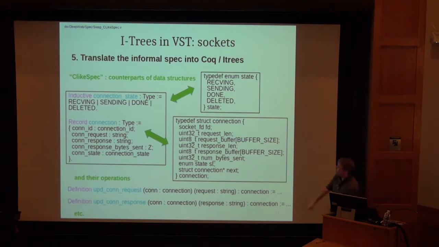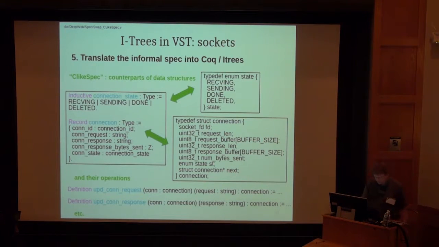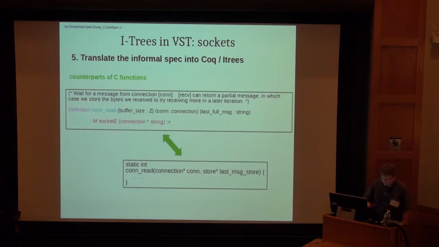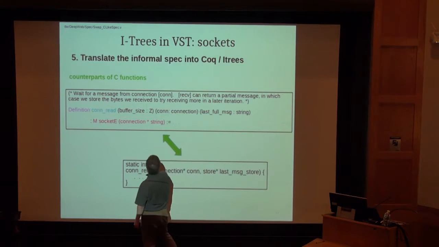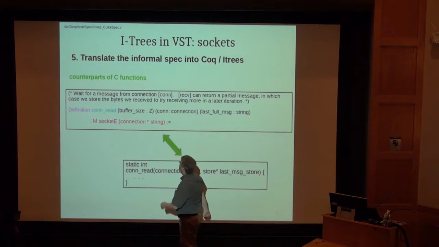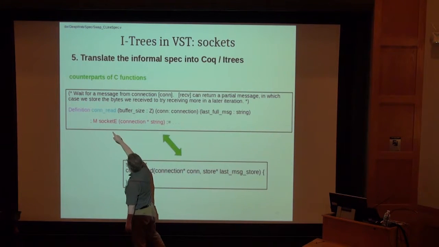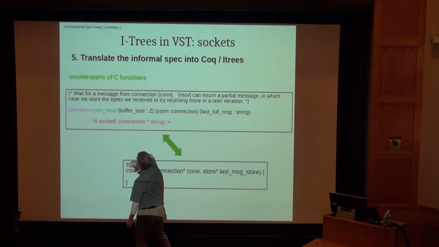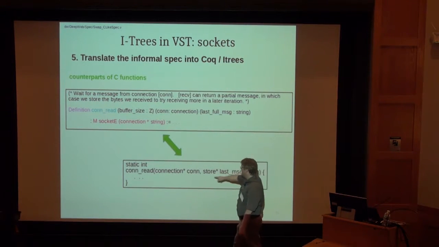And so these are just Coq definitions together with appropriate update operations, and of course the point of that is then that we can make definitions of these sort of low-level interaction trees for functions for operations such as reading from a connection that is informally specified here and directly has a counterpart in the C program.